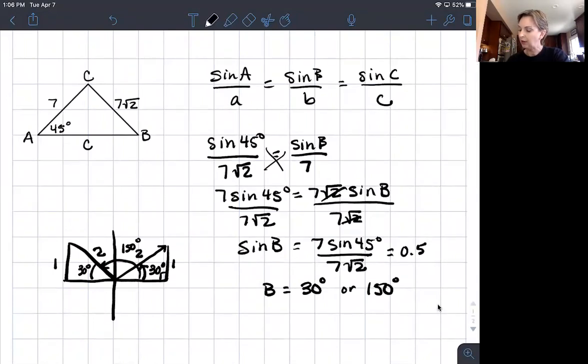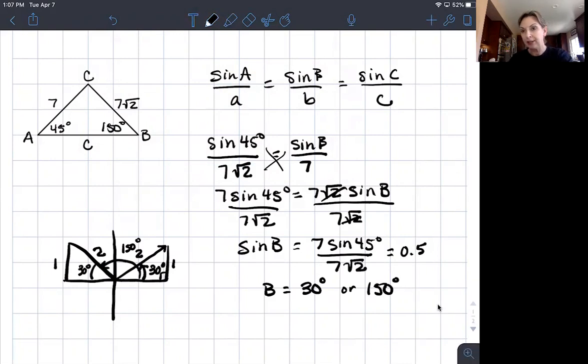Well, if we think about angle B, I could put a 30 in here. Let's just say that could be a 30. And that would make sense because that would leave me with 180 degrees minus 75 degrees for angle C. What if I tried putting in 150 though?